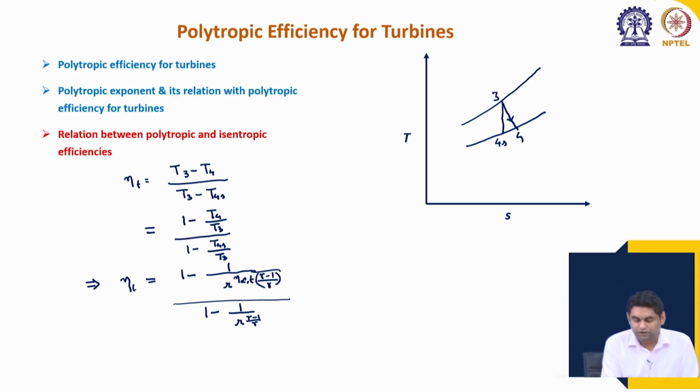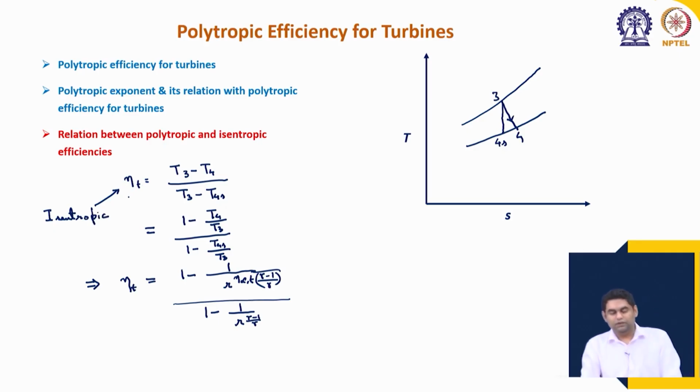between the isentropic efficiency eta T. This is the isentropic efficiency, which we directly write using eta and the subscript for the component. For polytropic efficiency we also add another subscript, which is infinity. So, this is the relation between both of these.